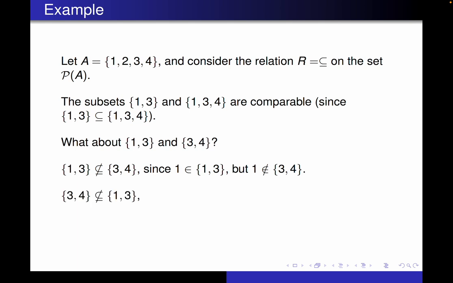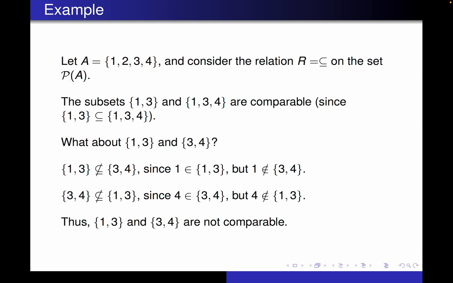And if we try it the other way around, the set containing 3 and 4 is also not a subset of 1 and 3. We're going to play the same game with the element 4. 4 is in the first set, but not in the second set. And since those two subsets are not related in either direction, that tells us that the set containing 1 and 3 and the set containing 3 and 4 are not comparable.